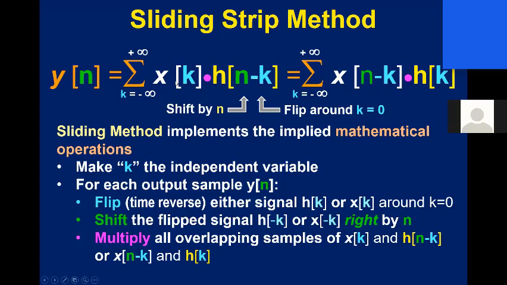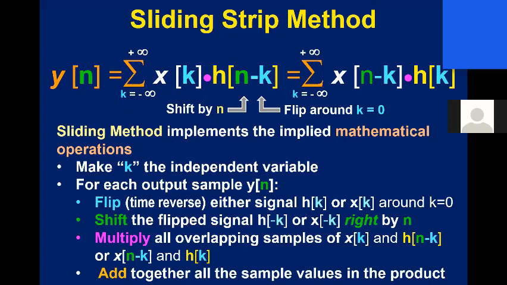And by multiply, we mean multiply them sample by sample, line up their indices and multiply them at each index position. And then total up all of the sample products to come up with a single value that I assign to y at the index position given by whatever shift I applied when I did the computation. That's way too many words.